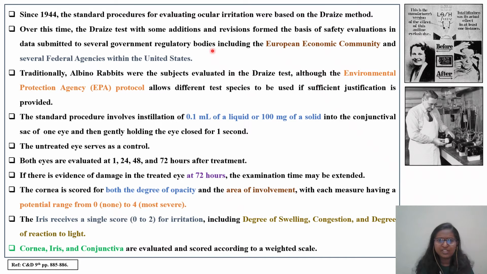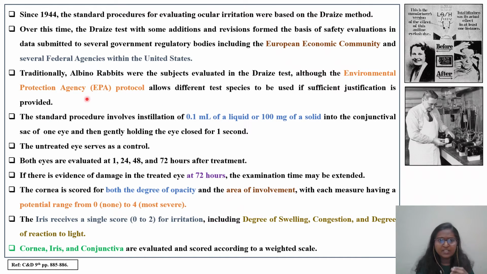It can be the FDA, the European Economic Community, and several federal agencies within the United States. So one of the main reasons why people kept on doing the Draize test is that it is a regulatory requirement. Traditionally, albino rabbits were the subjects evaluated in the Draize test. The ideal, recommended species is rabbit, but you can go for other species also, but you have to give an additional rationale.